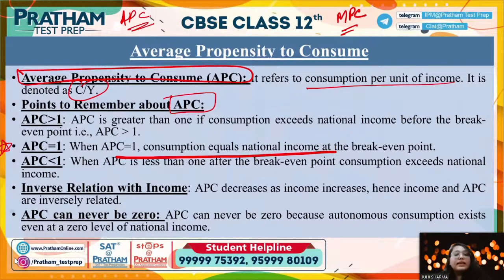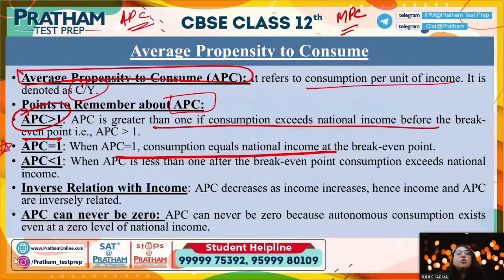Now, the second point or the second criterion over here is that APC is greater than 1. When is APC greater than 1? Whenever your consumption becomes more than the national income, before the break-even point, in that case, we say that APC is greater than 1. What is APC? APC is C by Y, right? Consumption per unit of income.